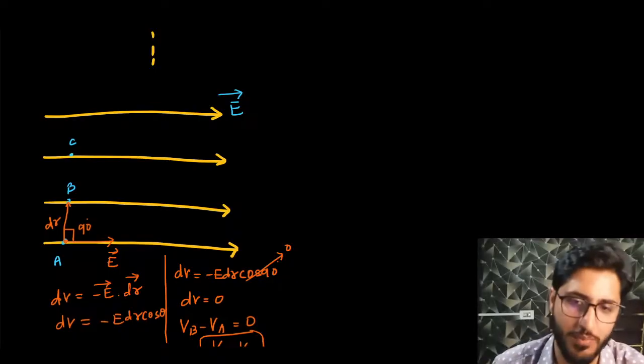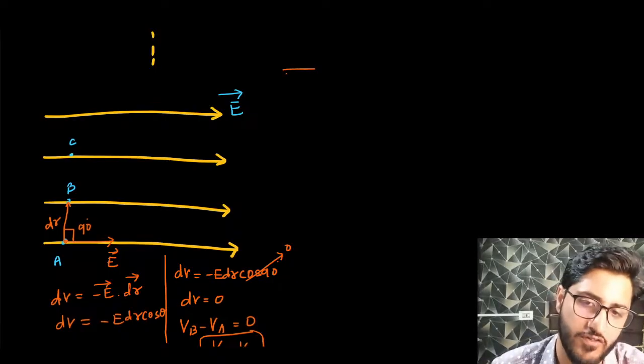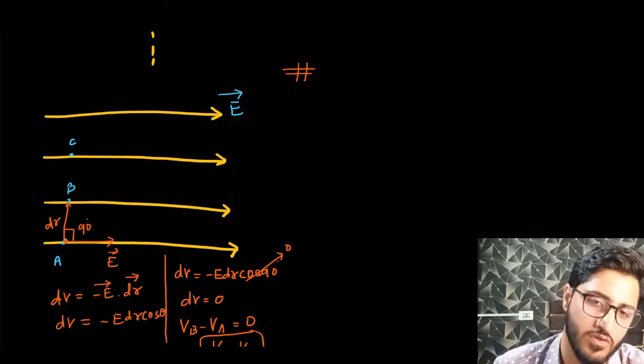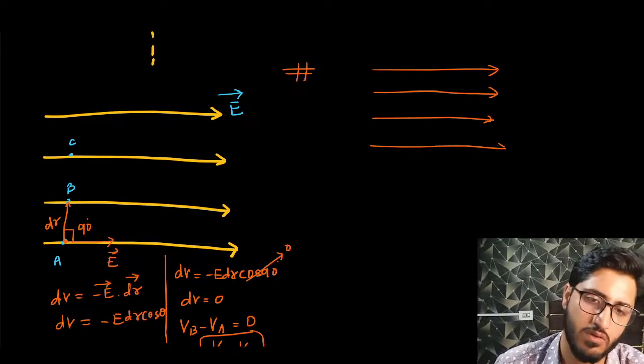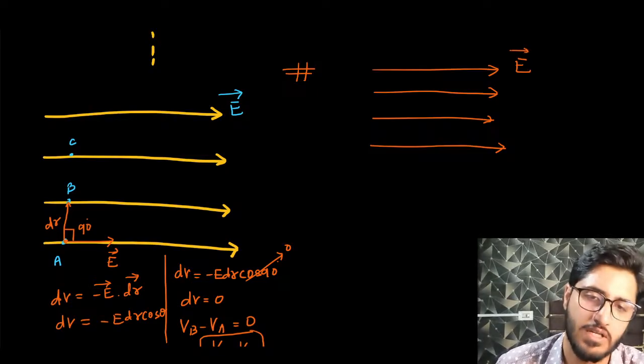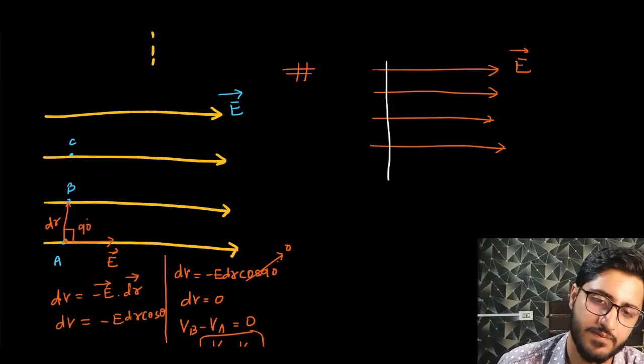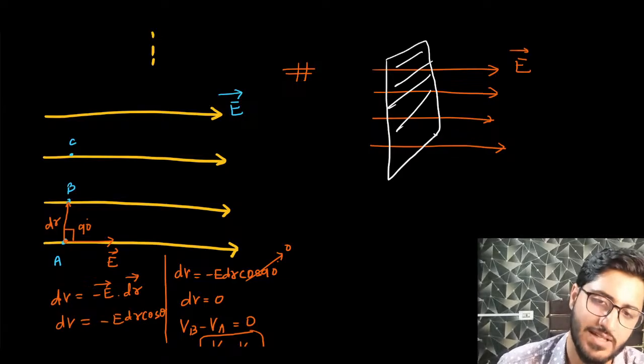So if I need to make an equipotential surface for a uniform electric field, how do I make it? Look, it will look like this. This sheet represents what?